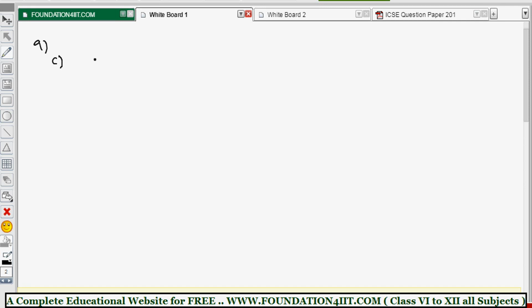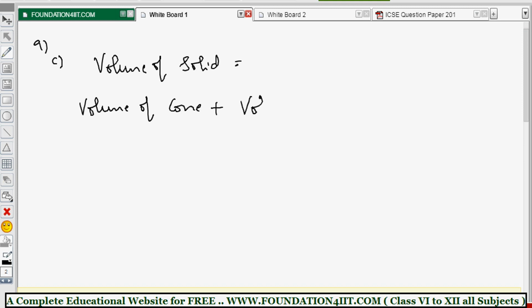Volume of solid is volume of cone plus volume of cylinder plus volume of hemisphere. So these three will add.